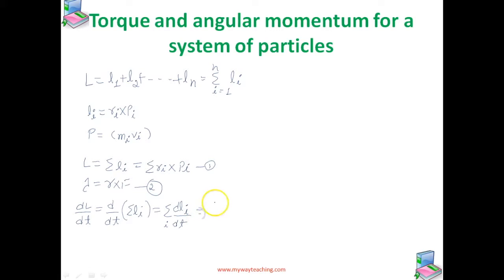In other words we can write it as sigma torque i, isn't it? Yes, where Ti is the torque acting on the ith particle, and that is given by Ri cross Fi. The force Fi on the ith particle is the vector sum of the external forces, because the internal force effect will be zero, as we already know that.